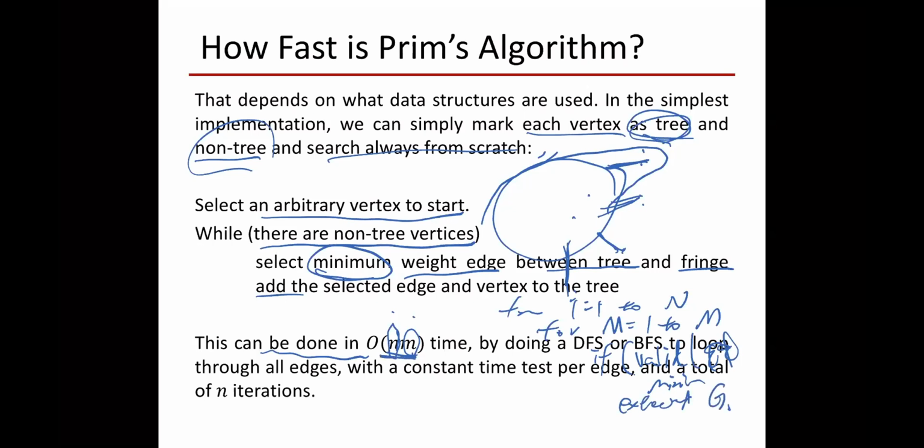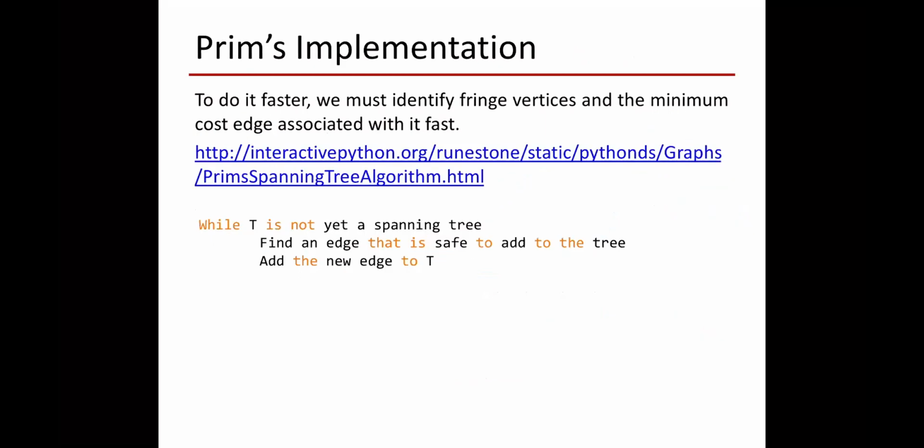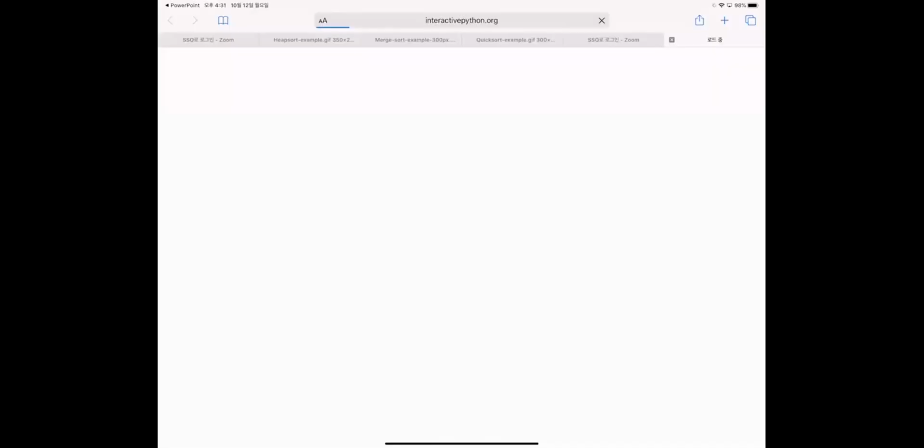So it's NM by doing a DFS or BFS on my fringe list. It's more like BFS, it's your choice. And we loop through all the edges among the fringes with constant time per edge and a total of N iterations. So Prim's algorithm, let me check this.